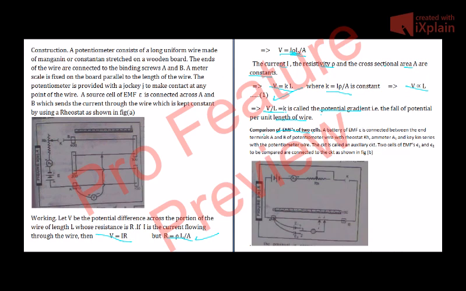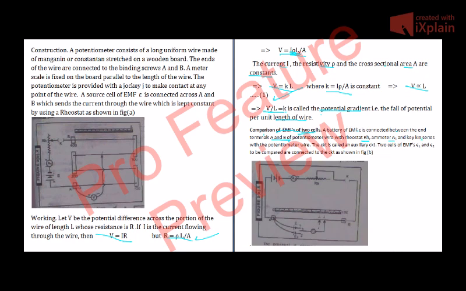A battery of EMF E is connected between the terminals A and B of potentiometer wire with rheostat RH, ammeter, and key.